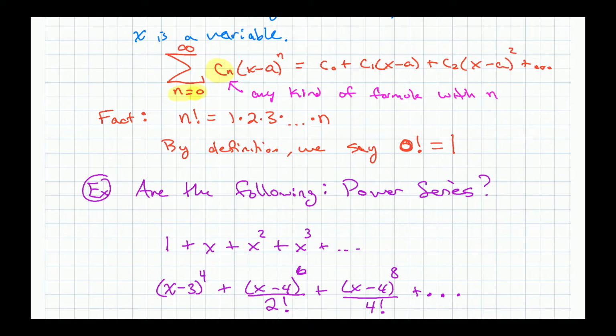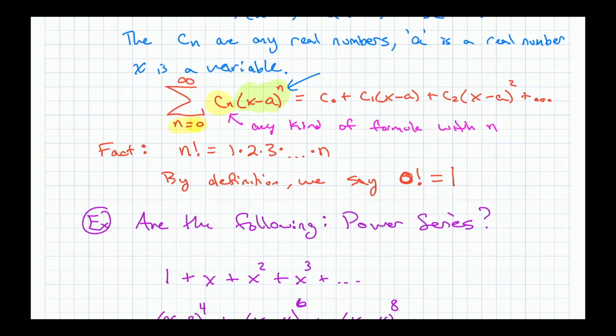However, the part that has the x minus a to the n, there's not much freedom. The only thing you can have is x minus a to the n's. No other kinds of functions. That means only integer powers.